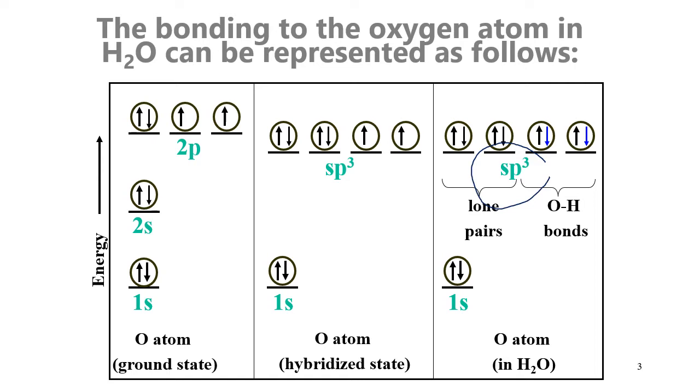As we can see here, two orbitals are fully paired and the other two are singly occupied. The singly ones overlap with s orbital from hydrogen to form OH bond, while the two fully paired become lone pairs.